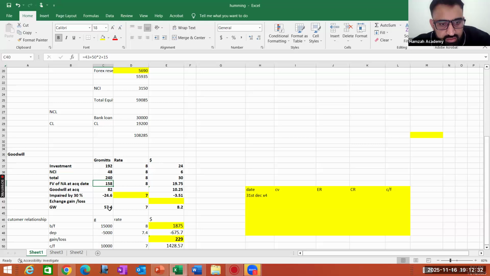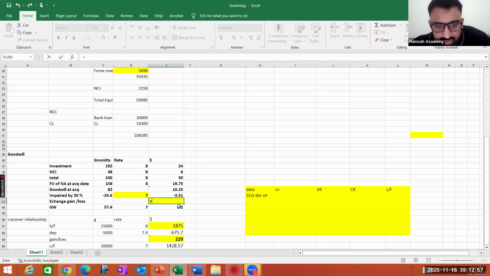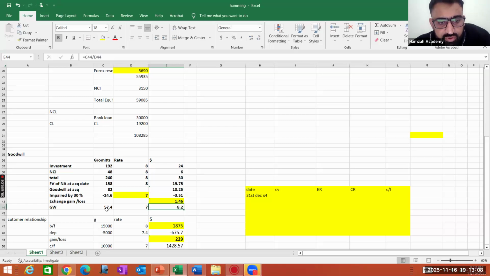Now, this is the value of the goodwill, 57.4, translated using the closing rate. Translated using the closing rate, the closing value of the goodwill should be 8.2. But if we find the balance value here, which is 1.46, that is exchange gain.